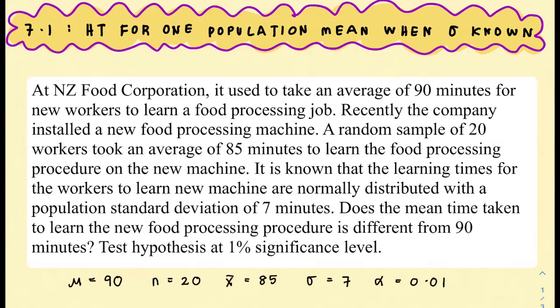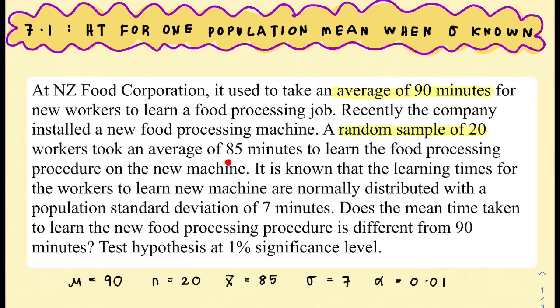The given information in the question: you have the word average of 90 minutes, meaning that this will be your first information given, mu is equal to 90. And then you have the random sample of 20, this will be your n equal to 20.